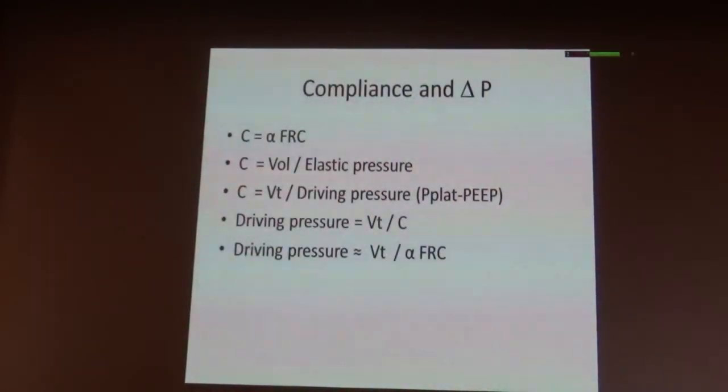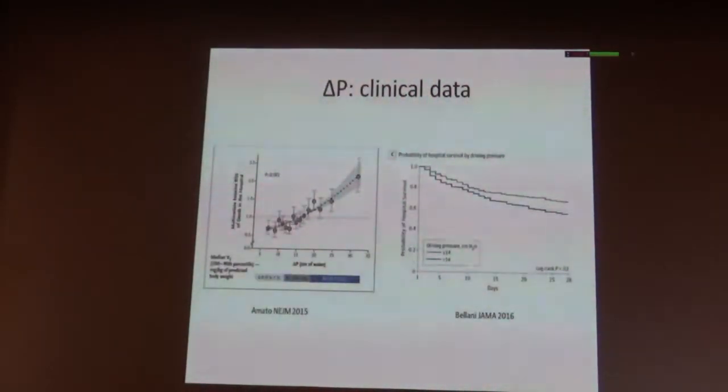So the driving pressure is tidal volume related to compliance. It's tidal volume in relationship to lung volume, which is exactly what we want to know about the risk of ventilation. Therefore, we are not surprised to see this strong relationship, the strongest of all parameters on the vent, between driving pressure and mortality.